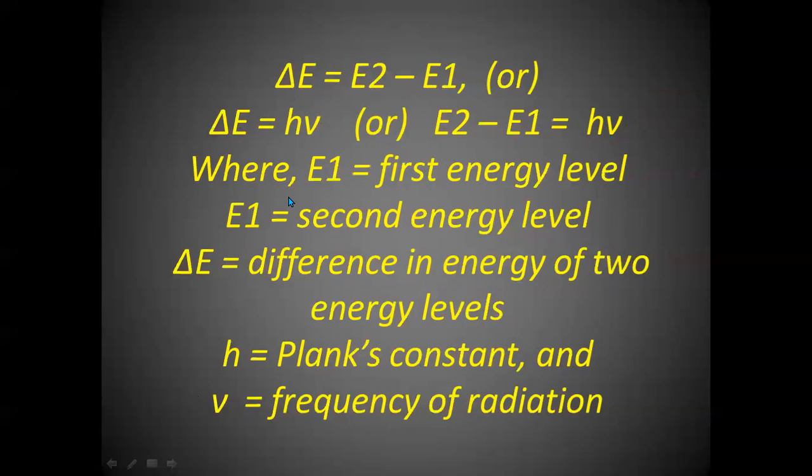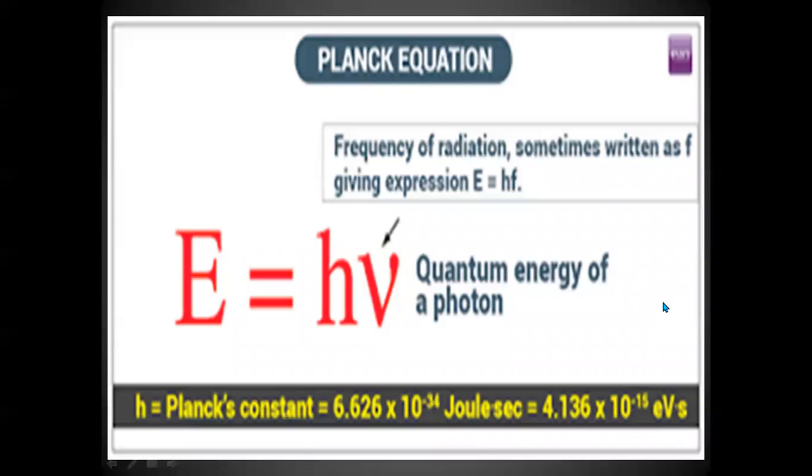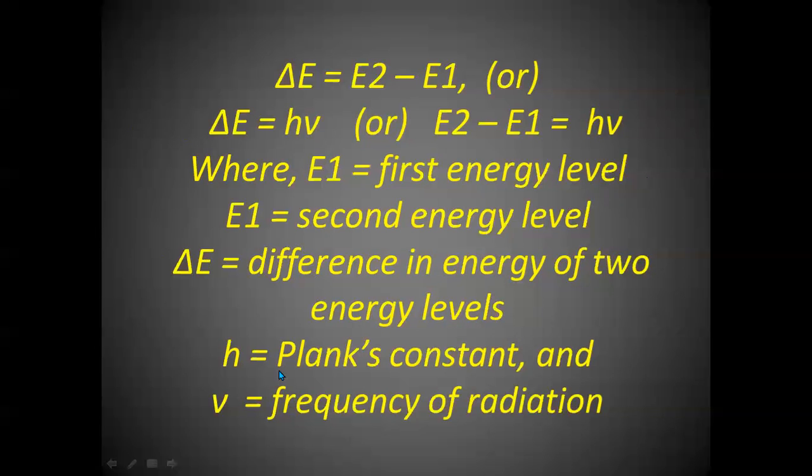E2 is the second energy level and E1 is the first energy level. And the difference delta E is again equal to h nu. So the frequency is the main thing here. Why? Because h is constant.